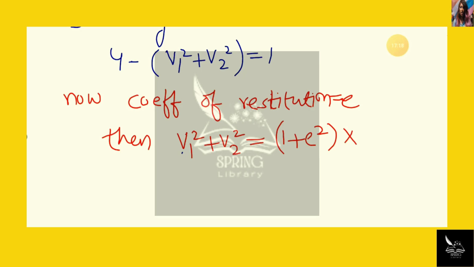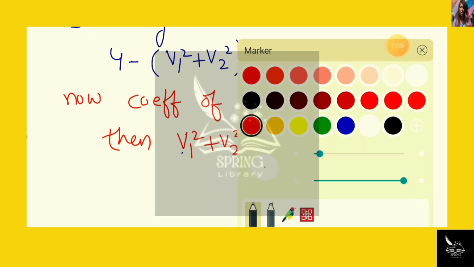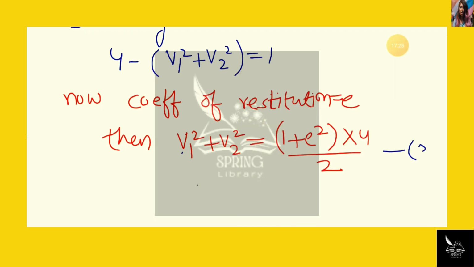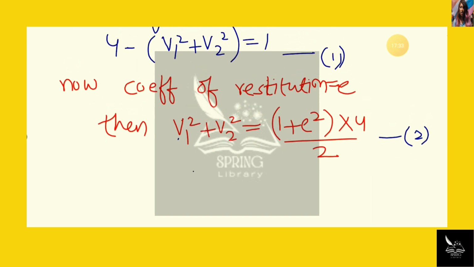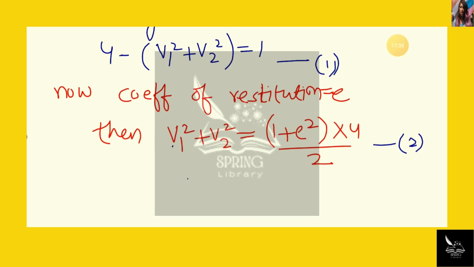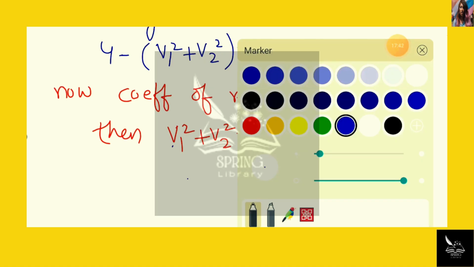So this is equation number 2 and this is equation number 1. Here we have to put the value of v1 square plus v2 square from equation number 2 into equation number 1, so that I will get equation number 1 in terms of E, and then we have to simplify it.